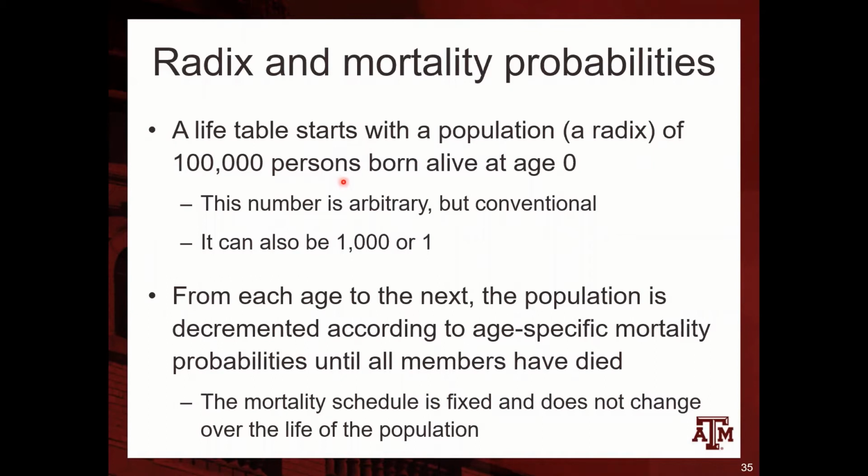Let's say I assume that the radix is going to be 100,000 people being exposed to those mortality rates. The idea is that that's the group of people born in that specific year in that specific country, and they experience those mortality rates.